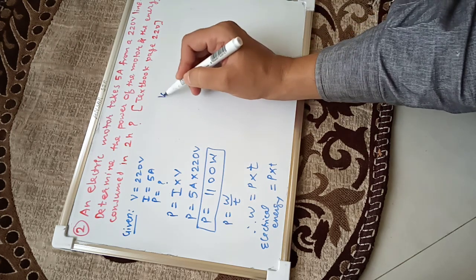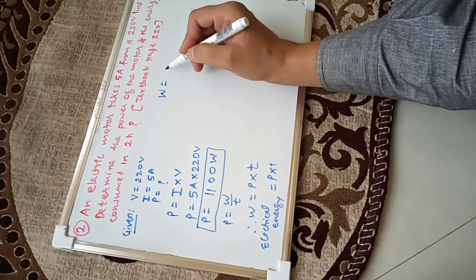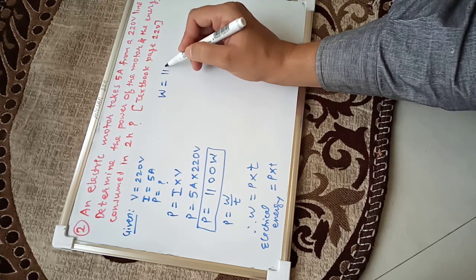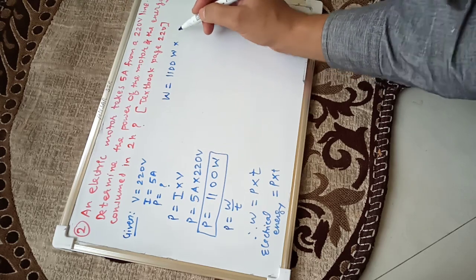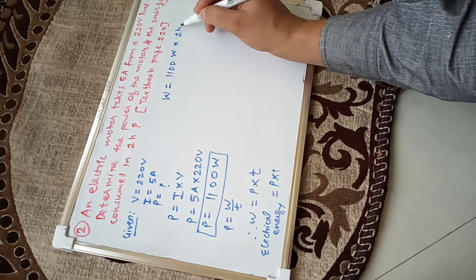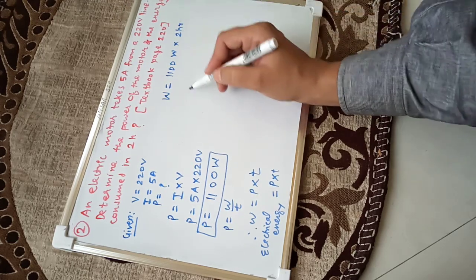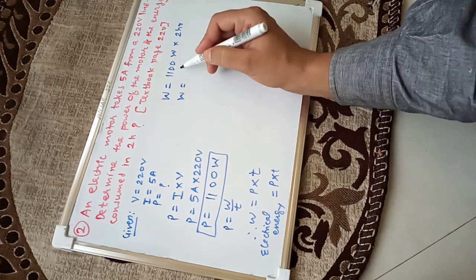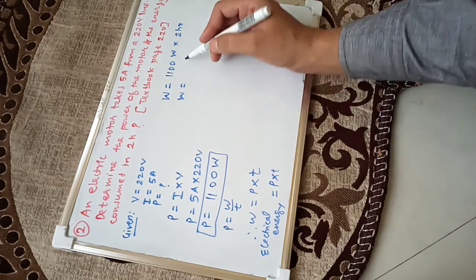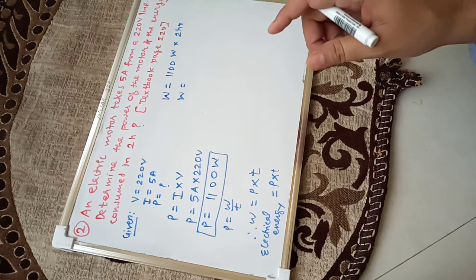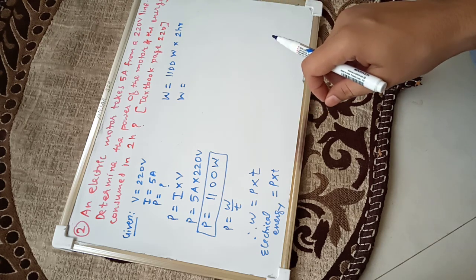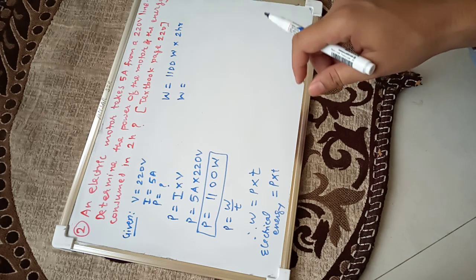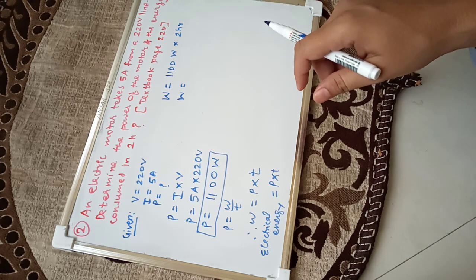So here we will write work is equal to, how much is the power? 1100 watt into how much is the time? They are using the motor for 2 hours. So remember, whenever we have to calculate an electricity bill or the number of electricity units consumed, at that time we measure power in kilowatt and we measure time in hour.